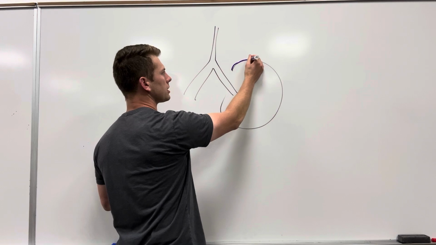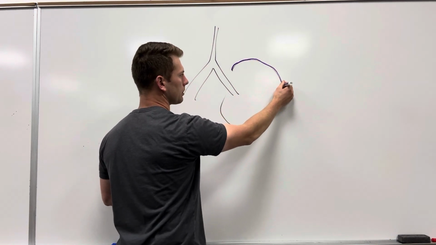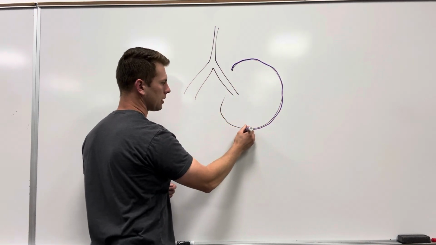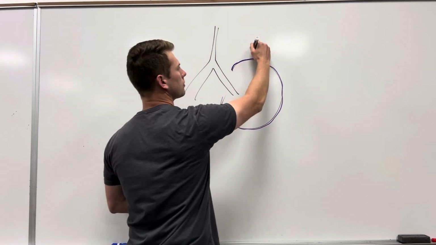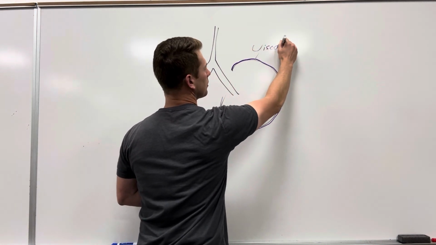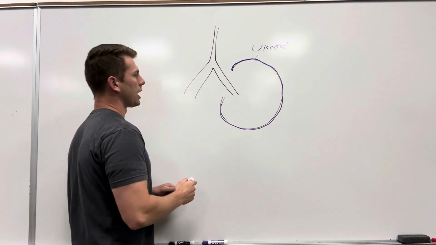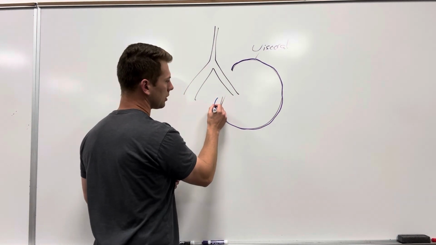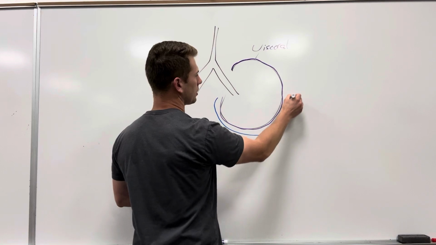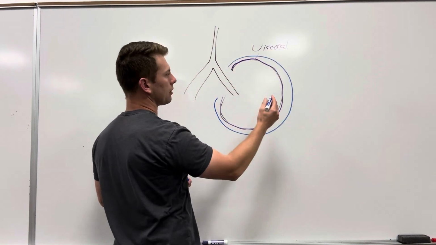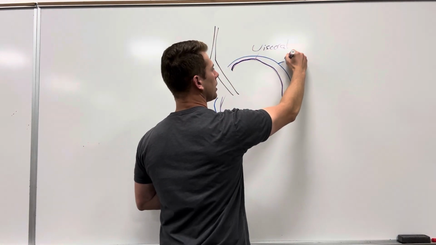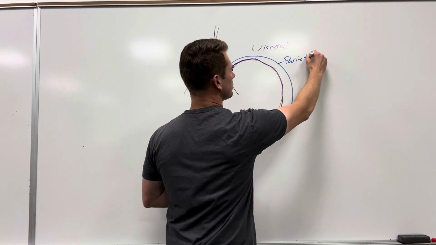Directly touching the lung is going to be a terrible drawing, but this is the visceral pleura. And then we have an outer pleura, or layer, membrane is a better word. And this is the parietal pleura.